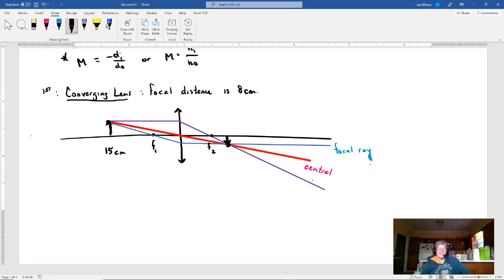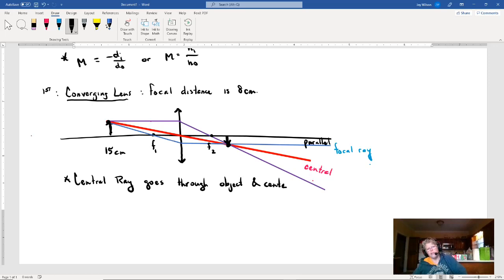So the first thing we're going to do is practice doing those drawings. So what are our rules for converging? Central ray goes through object and center of the lens unchanged.